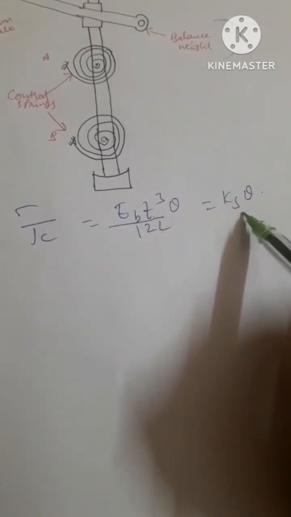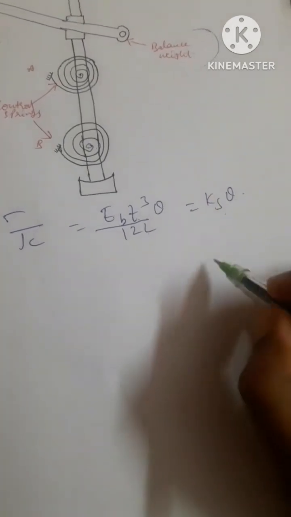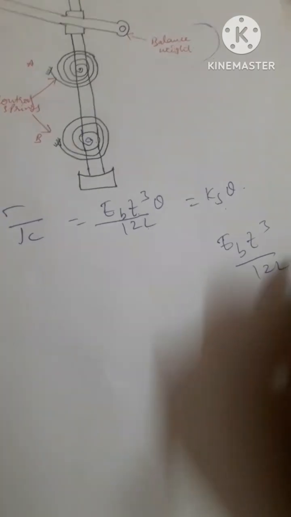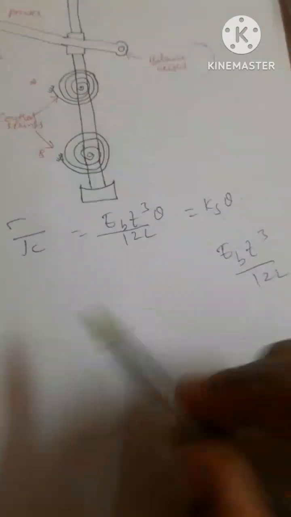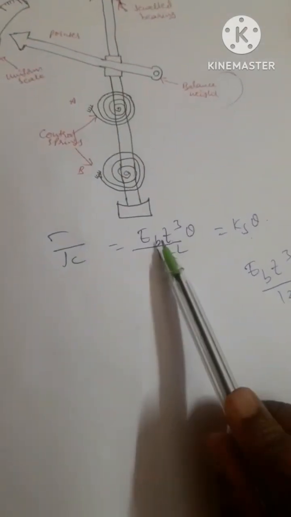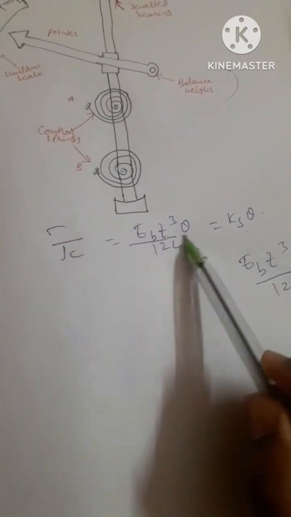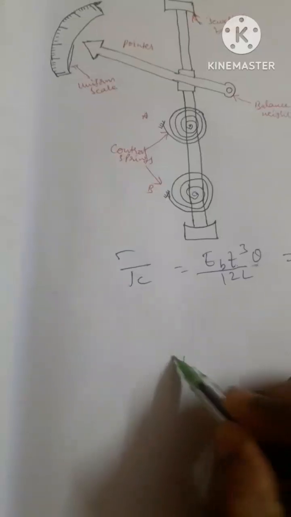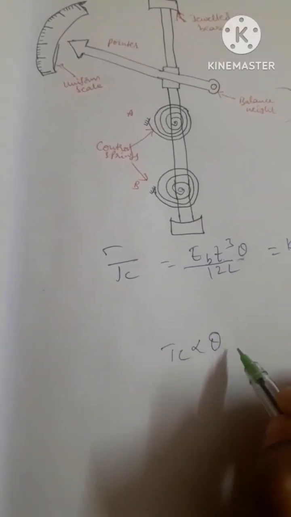The spring constant is equal to E B T cube by 12L. Therefore the controlling torque Tc is directly proportional to theta.